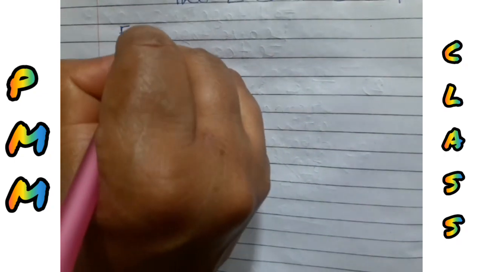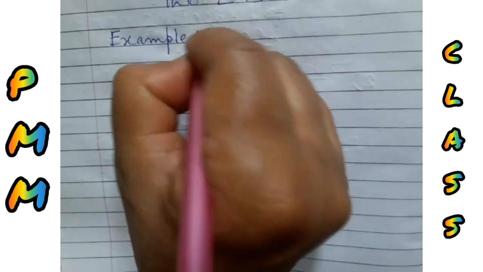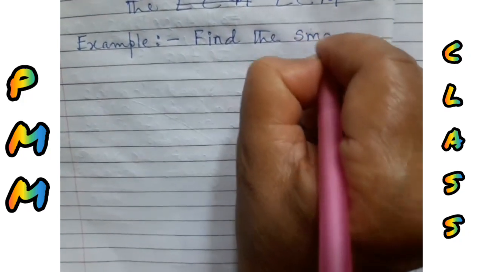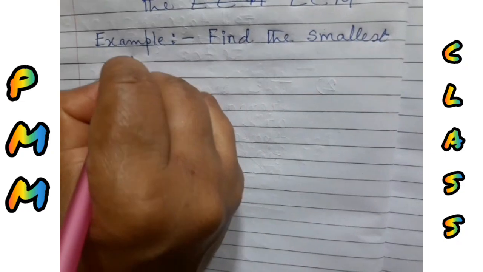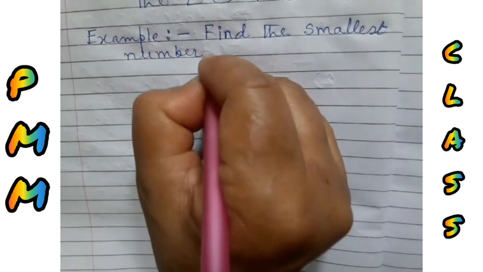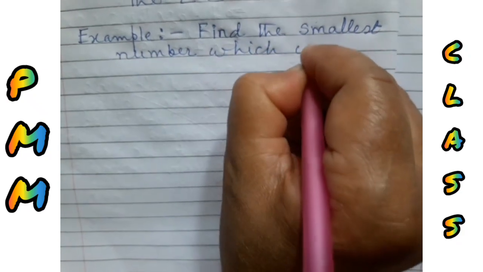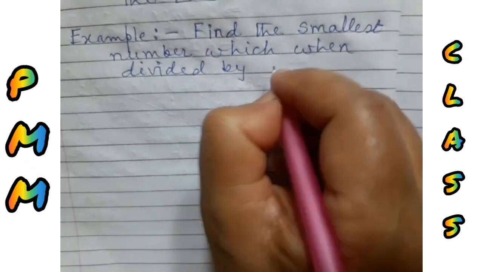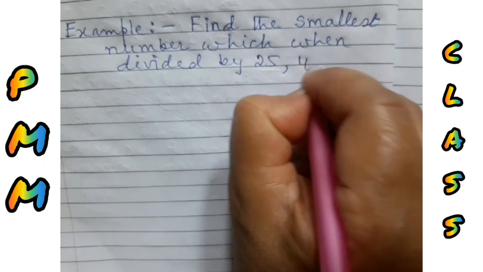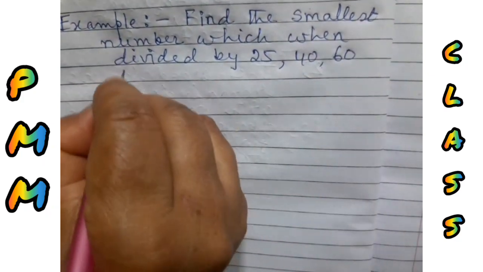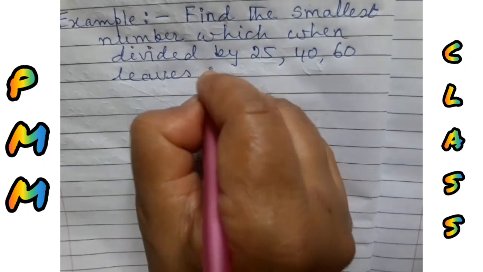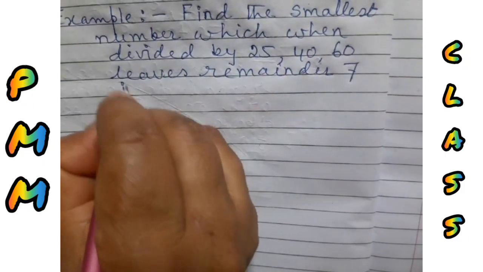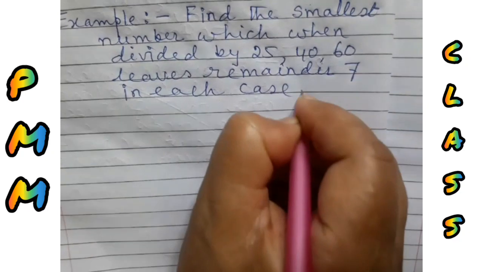Example: find the smallest number which, when divided by 25, 40, 60, leaves remainder 7 in each case.